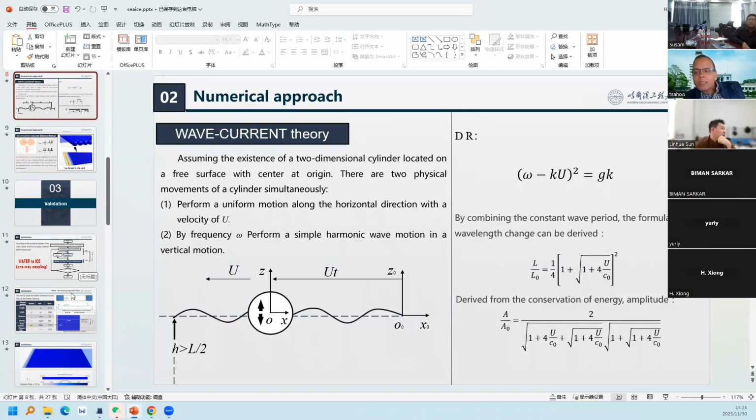So what will happen in this case if the current is negative? From here also, we can get a relation between the current and the speed. You have taken U positive. Suppose I take the case U as negative, then it can be a situation that the square root part will be 0 and L by L naught becomes 1 by 4. Can it be?